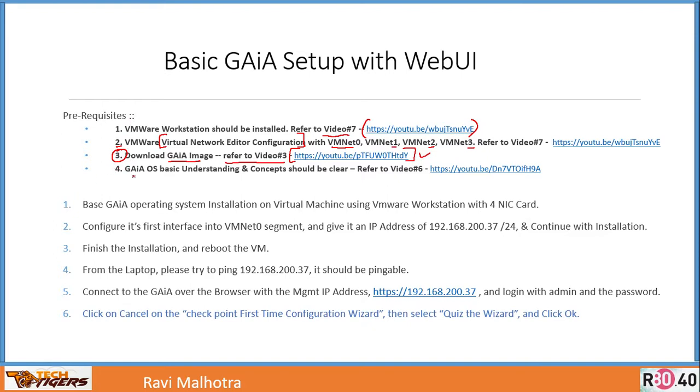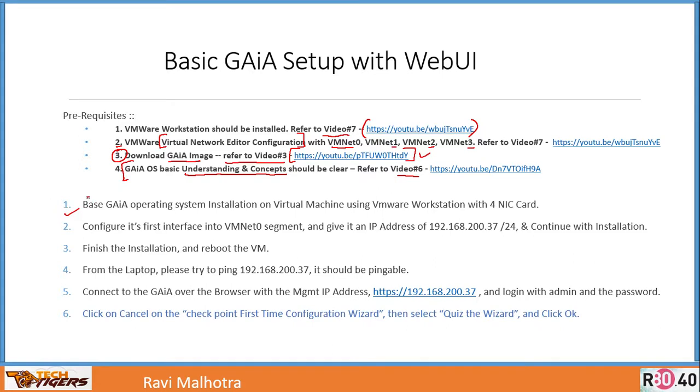Once you have downloaded everything, you need some basic understanding about GAiA: what is its purpose, why Checkpoint created GAiA. Those concepts are covered in video number 6. If you have gone through all of these videos, I think we can start now.